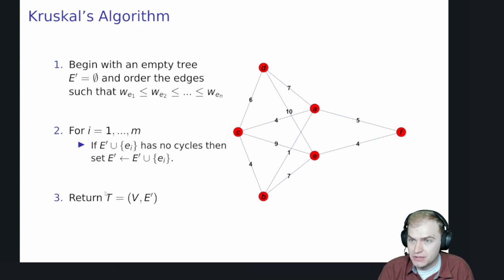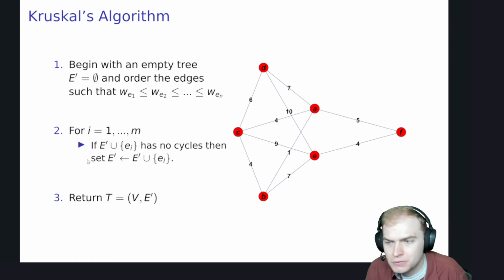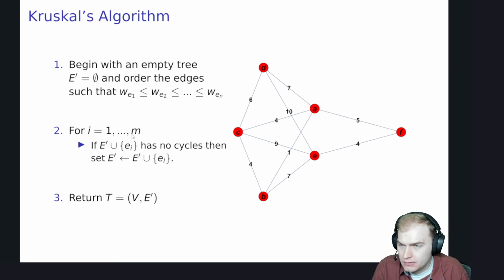This is Kruskal's algorithm, and we start by ordering the edges by weight. And then we're going to look at the, there should be m edges here. That should be a lowercase m in that subscript.